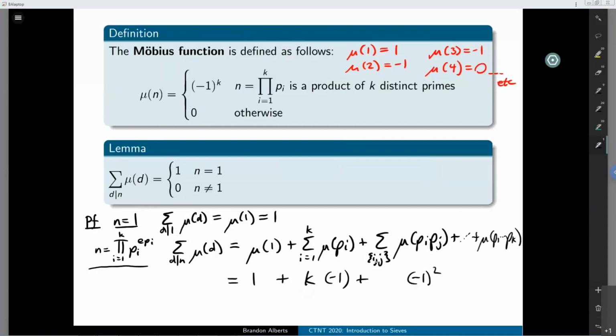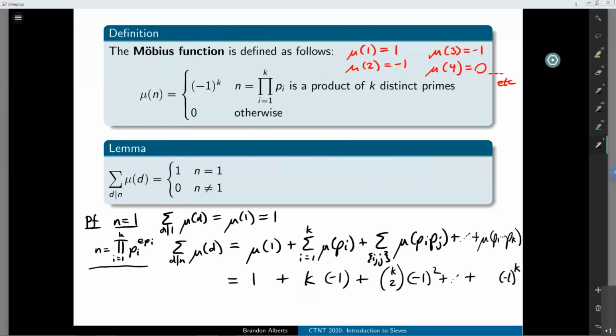And the number of choices for 2 distinct primes dividing n, well, that's like choosing 2 indices out of the total k indices, is k choose 2. And this pattern's going to repeat until we get down to (-1)^k, which is the value of this last Mobius function.